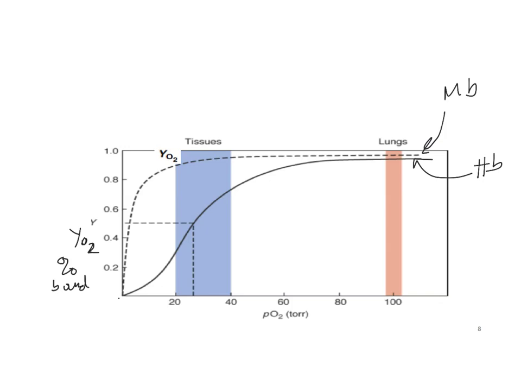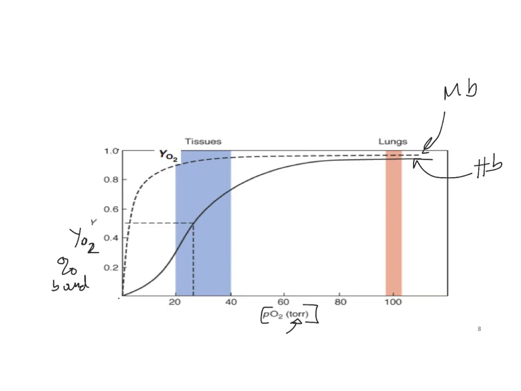And again, it goes from 0 to 1, 1 being 100% bound. Now on the x-axis, this is our concentration of ligand. Our ligand is O2, and because it's a gas, the units are torrs, which is a pressure unit. So it's not in nanomolar, micromolar, millimolar, it's in gas units.